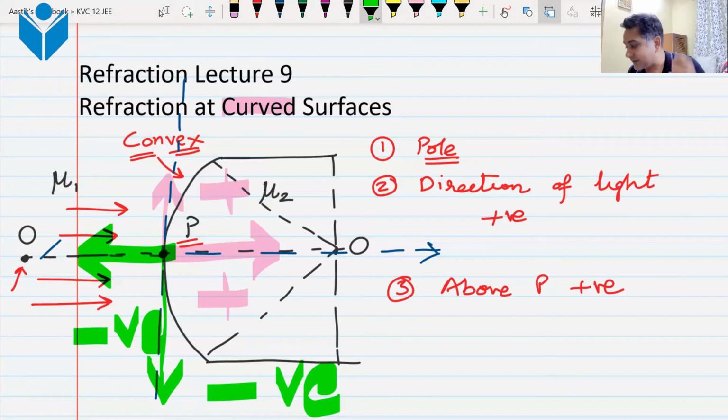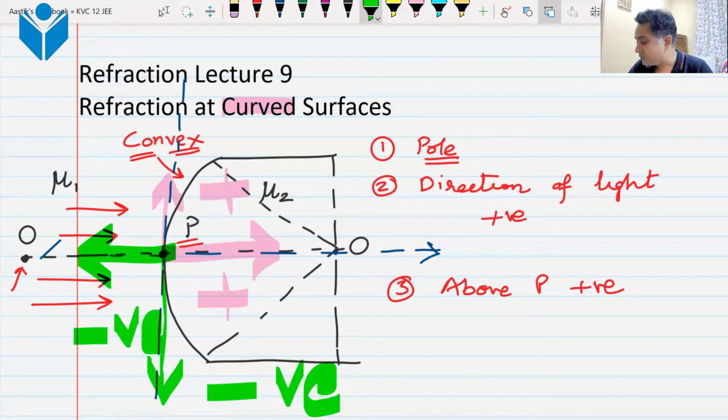From where the light is coming determines your positive and negative, though up and down will always remain the same. But depending on from where the light is coming, your sign convention may become different at different points. I hope I am making sense and you are able to understand this. Yes or no?